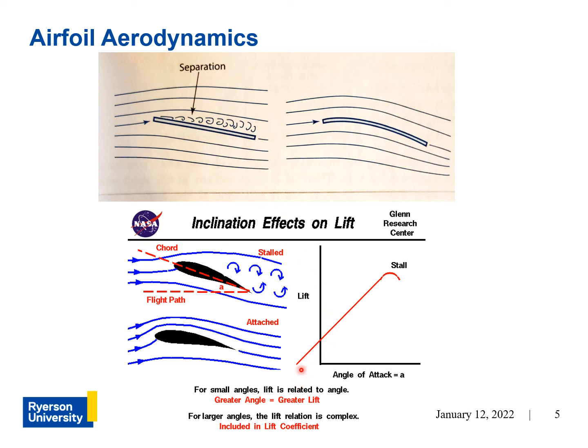Now, the variation of lift with respect to the angle of attack of an airfoil is linear, as you can see on this plot here. And by the way, this plot is referred to as a lift curve plot. So as long as the air remains attached, the lift will increase linearly as you increase the angle of attack of an airfoil.